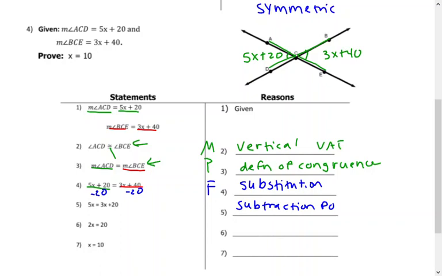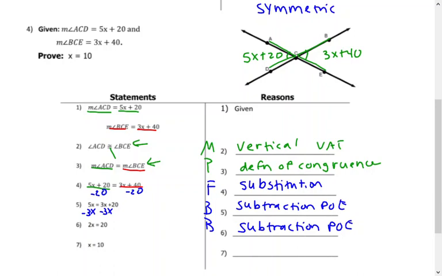We're dealing with an equal sign here, so it's the subtraction property of equality, and that is choice B. Okay? Then to get from 5x to 2x, what really happened was we subtracted 3x from both sides. So if we subtract the same thing from both sides, we're using subtraction again, and it stays choice B.